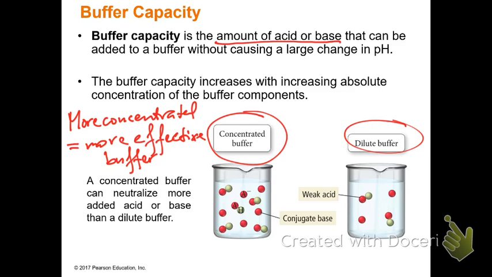Okay, so let's say this concentrated buffer contains 0.5 mole of acetic acid, HC2H3O2. All right. And whereas this dilute buffer contains 0.05 mole of the acid.